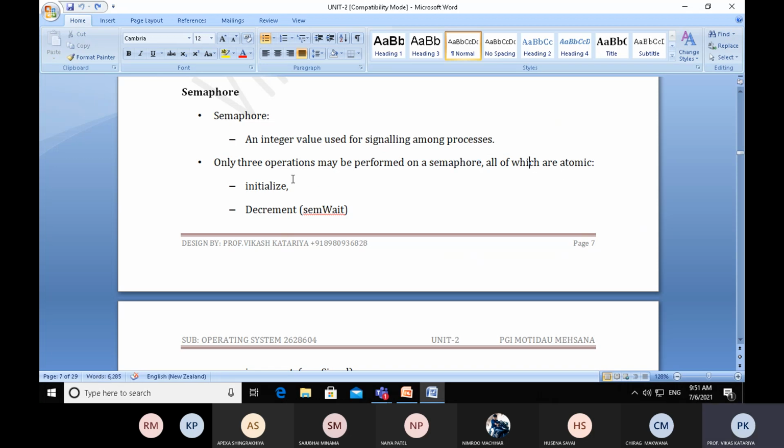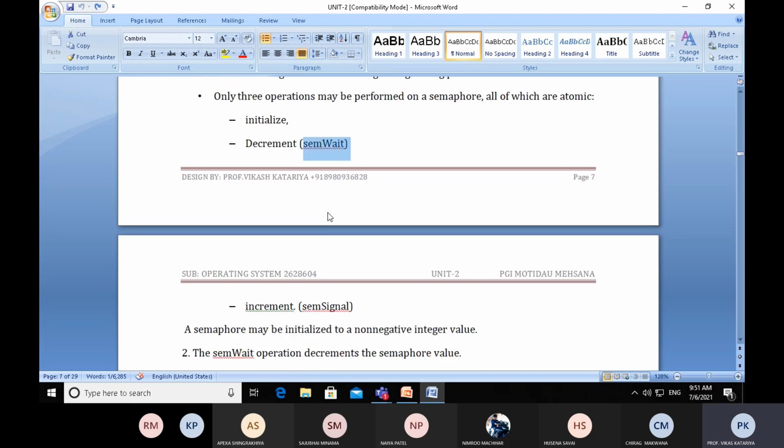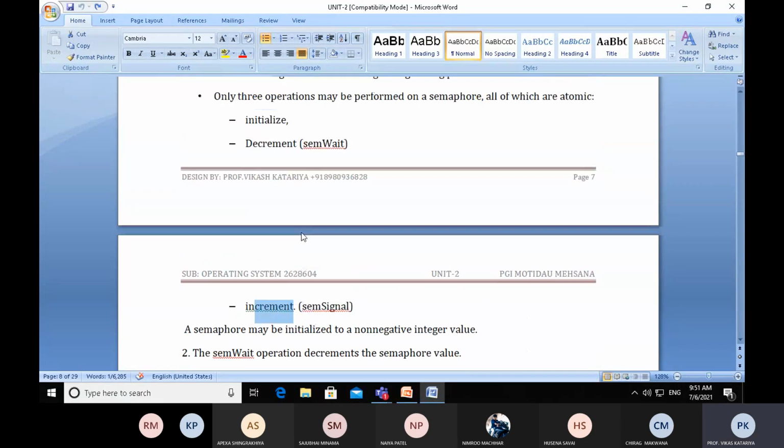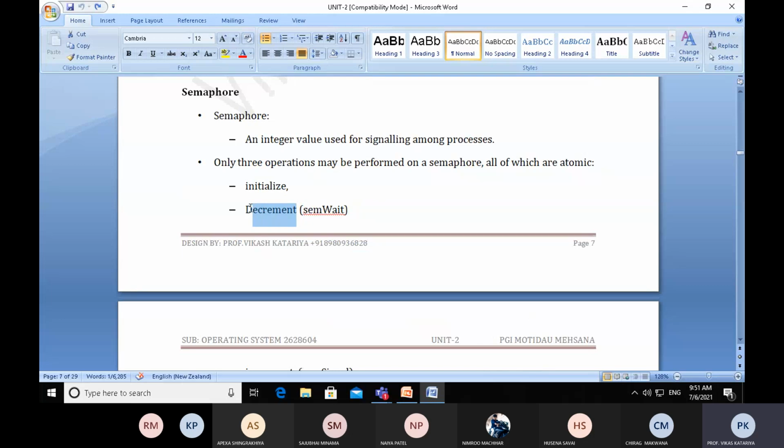So there are only three operations that may be performed on a semaphore. First is initialize. Second is decrement, or we can say the sem wait procedure. And third is the sem signal procedure, which is an increment function, while sem wait is a decrement function.